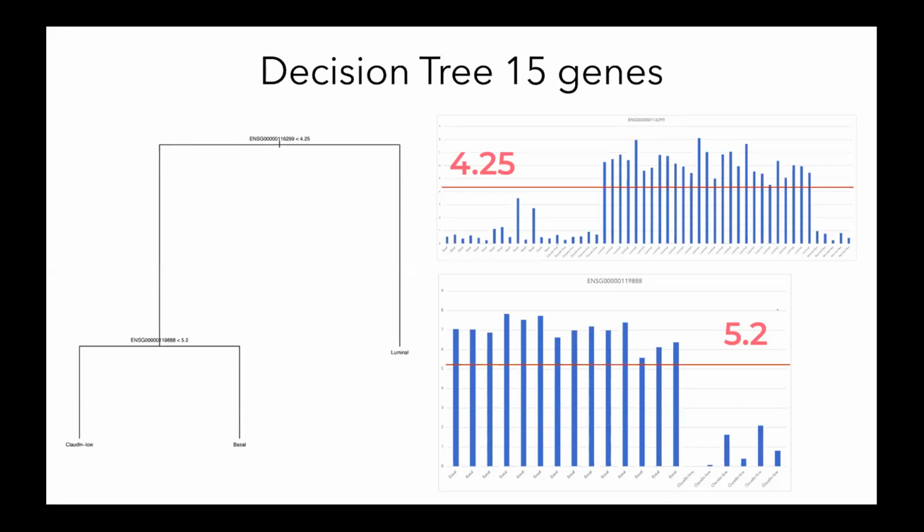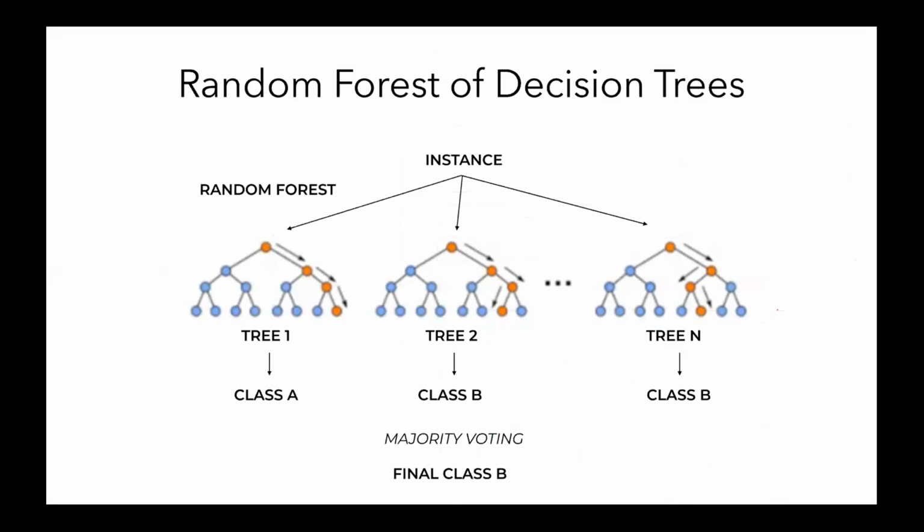Because it is a single run approach, how do we solve this problem of the decision tree? The solution is random forest. In a decision tree we started with one tree and one beginning point for running. If we have many trees, we might get different results, right?